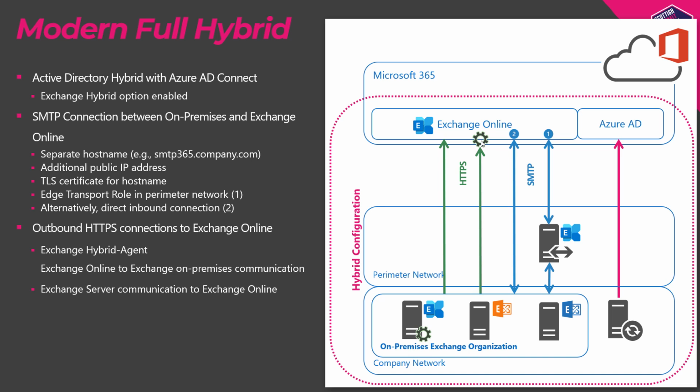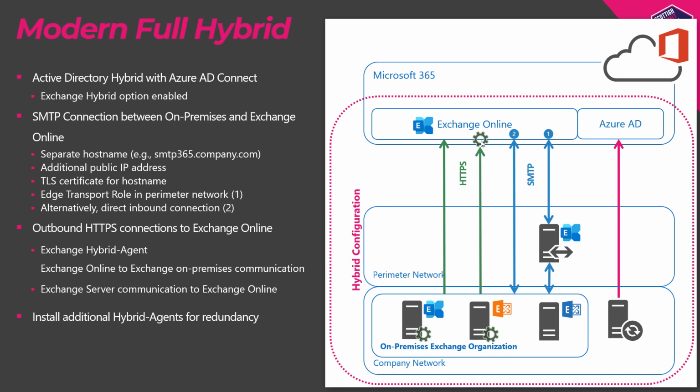When you run the hybrid configuration wizard, the first agent is installed on the server where you run the hybrid configuration wizard. So choose wisely which system you use for executing the hybrid configuration wizard. But what about redundancy and high availability for those queries?